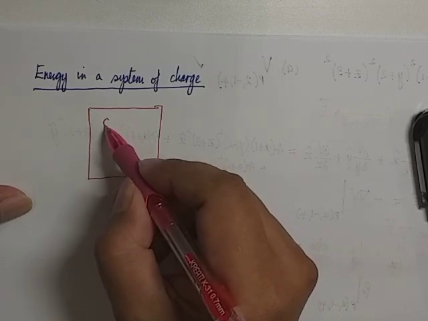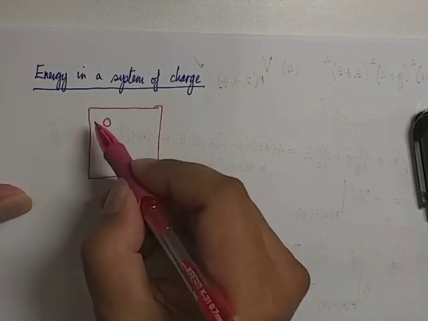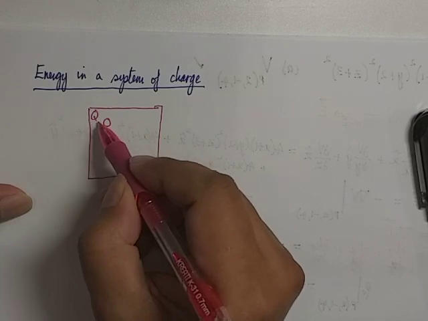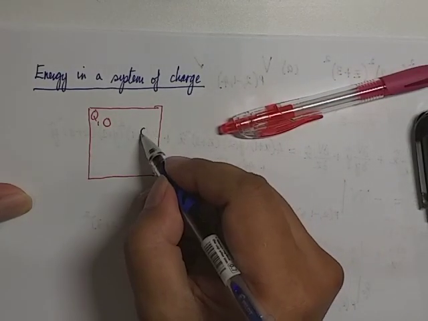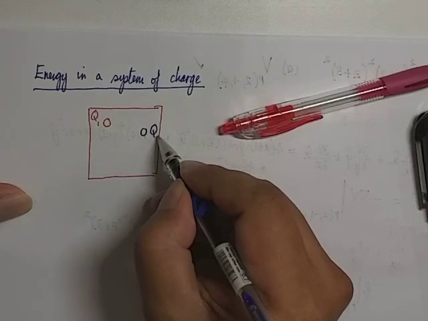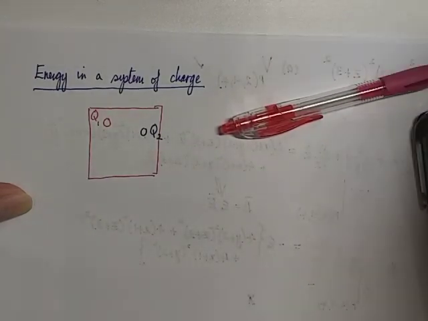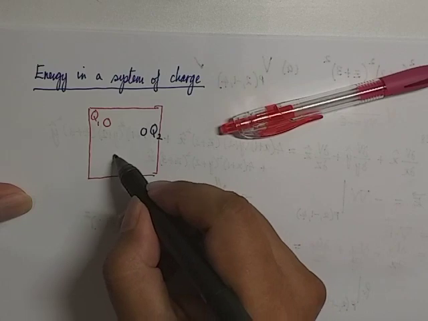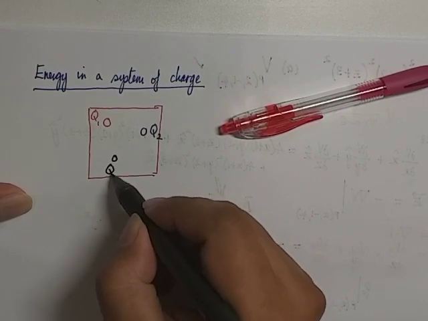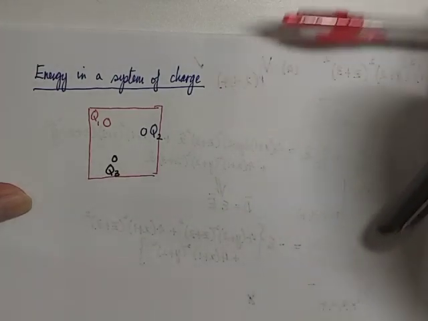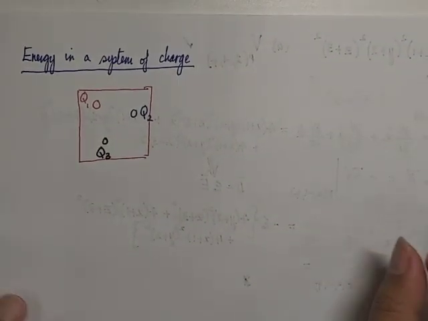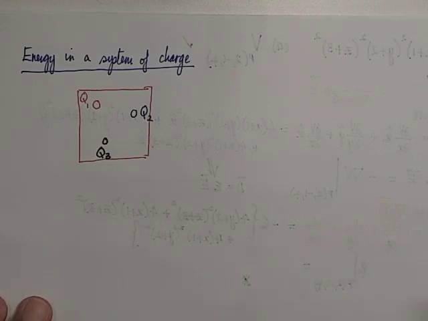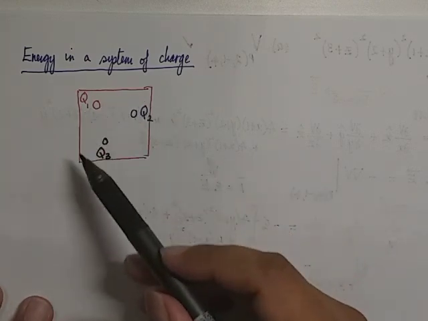I'm going to call the first point charge Q1, the second point charge Q2, and the third point charge Q3. And the question is, how do we actually calculate the amount of energy contained by this system? That's the issue now. How much energy does this system have?